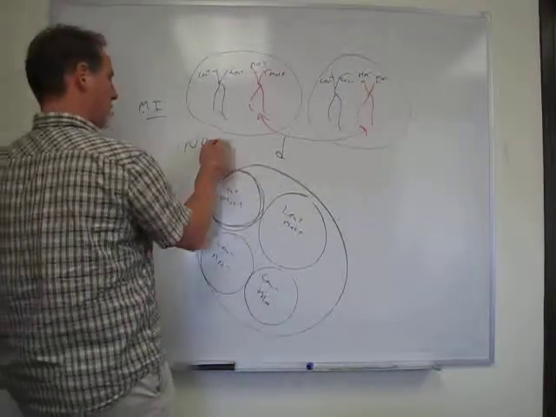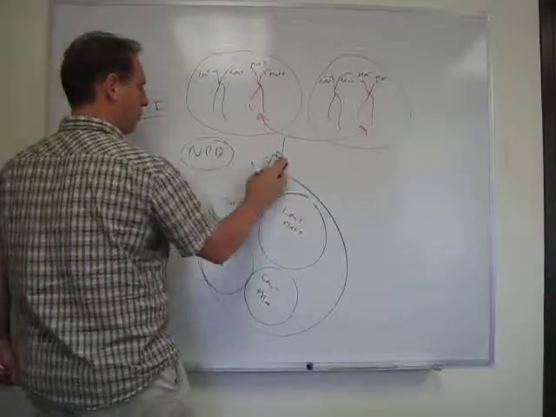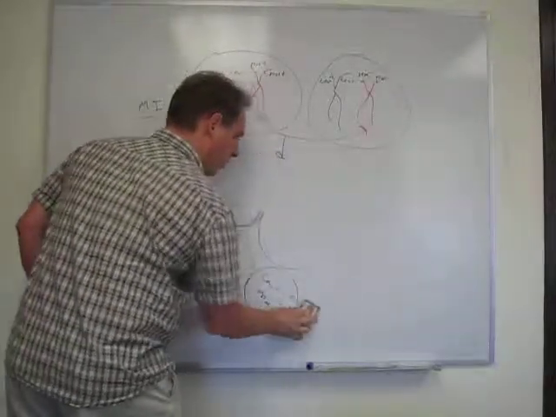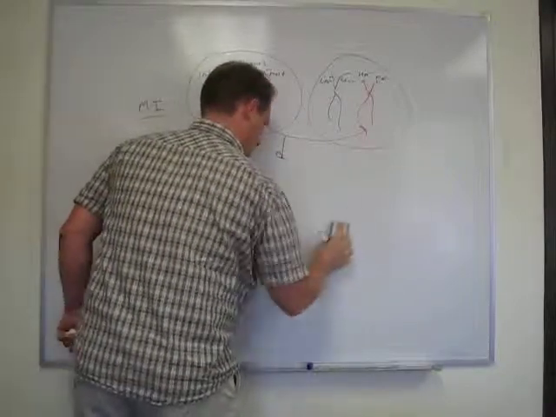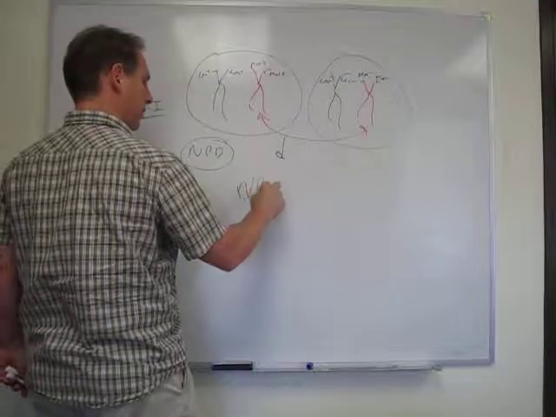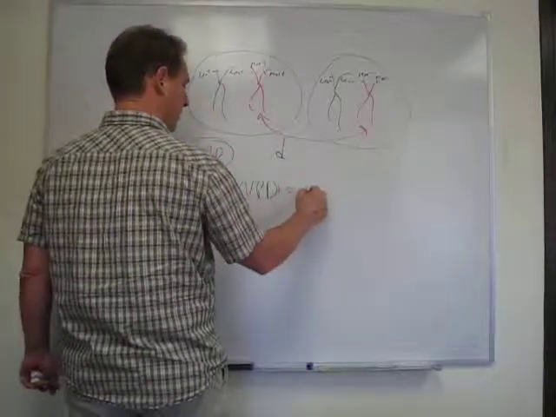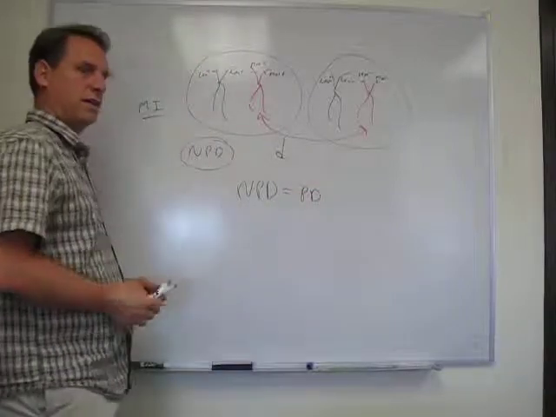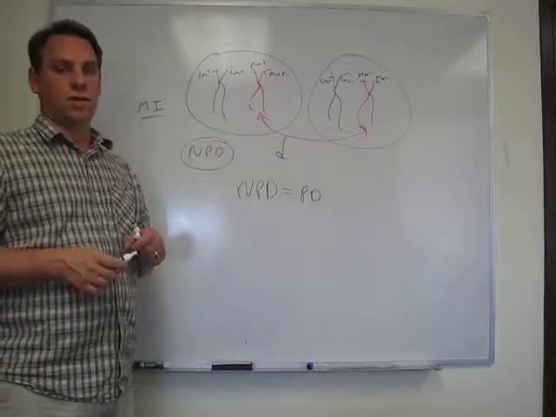The critical point I'm trying to make is that because the chromosomes segregate independently, the number of non-parental ditypes among all the tetrads you analyze would be equal to the number of parental ditypes. And that's what tells you, in tetrad analysis, that genes are unlinked.